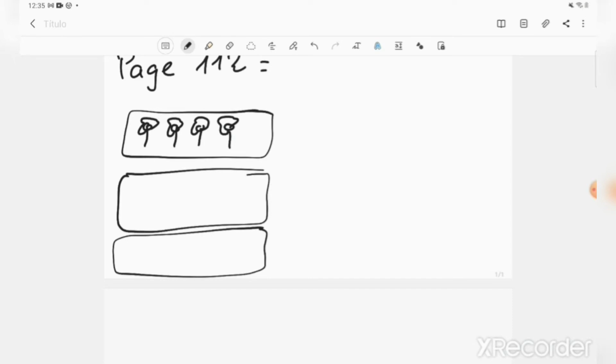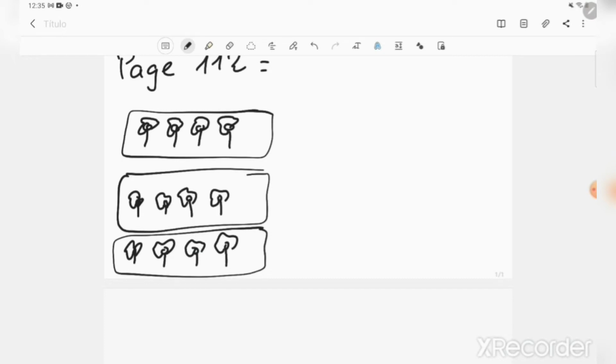So the same that before, that we can count just one by one. 4, 5, 6, 7, 8, 9, 10, 11, 12.